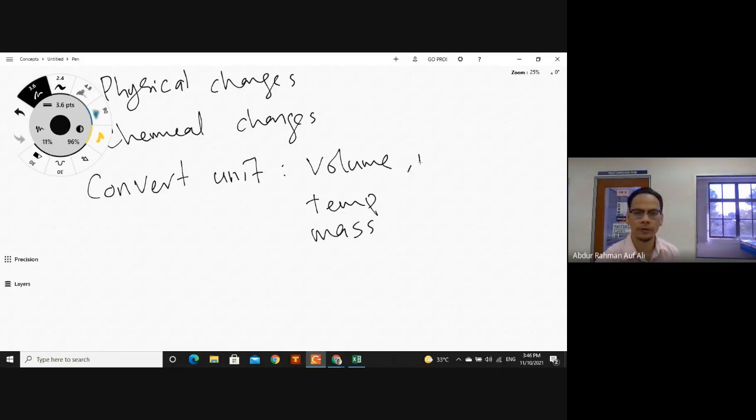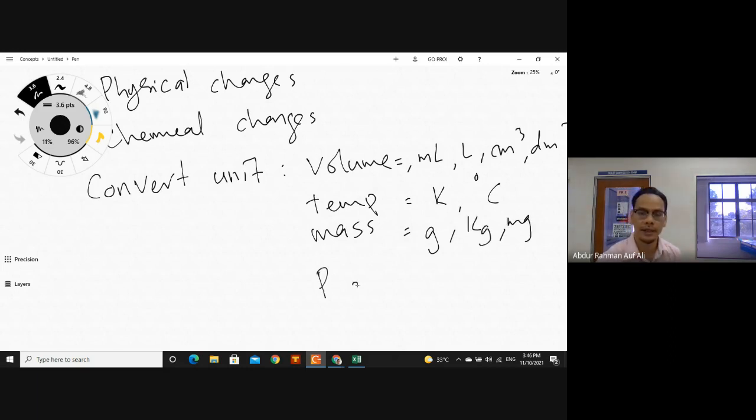Okay, volume, kamu kena tahu macam nak convert from milliliter, liter, centimeter cubic and decimeter cubic. Temperature kita fokus on Kelvin and degree Celsius. Mass, gram, kilogram, milligram. Another one is pressure, yes, ATM, kilopascal, torr. Okay, saya nak kamu tahu, mahir, macam mana nak convert between these units.